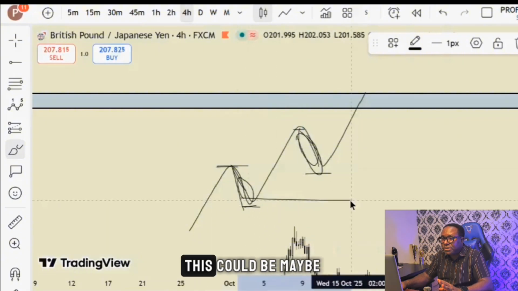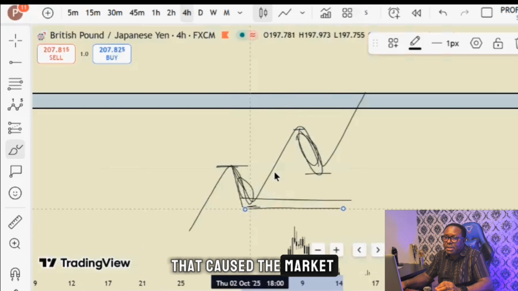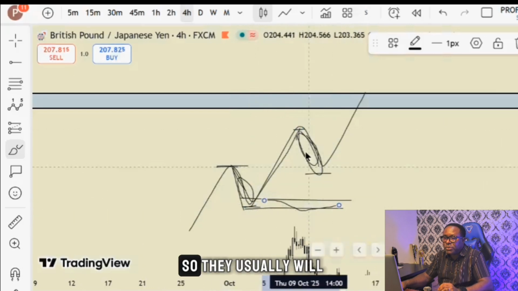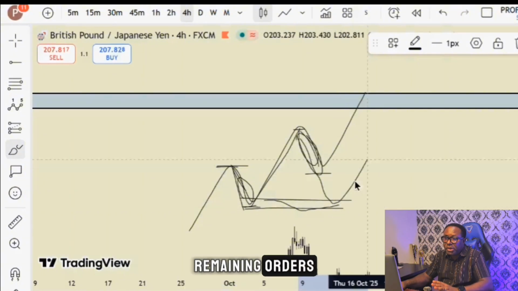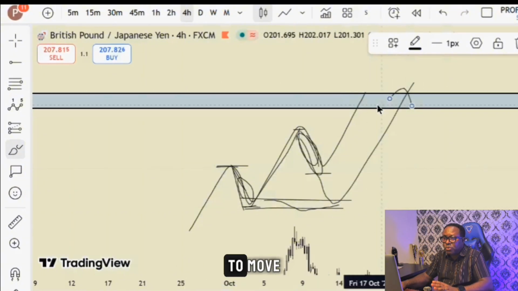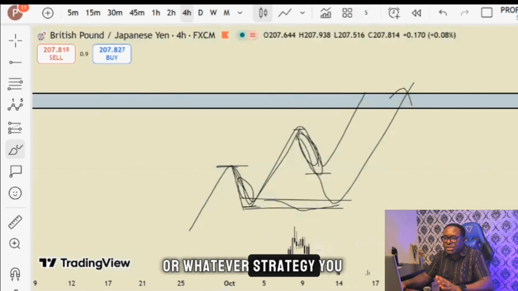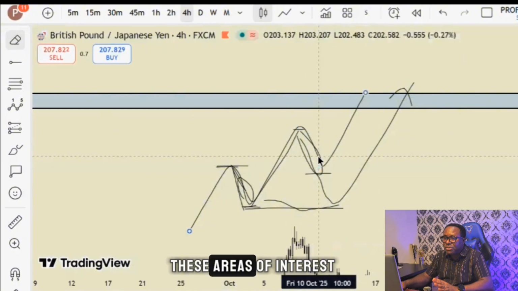For instance, here, this could be a demand zone where they picked up this trade that caused the market to push upwards. So they leave some limit orders here. They usually will come back to that place and pick up the remaining orders and then cause price to move.